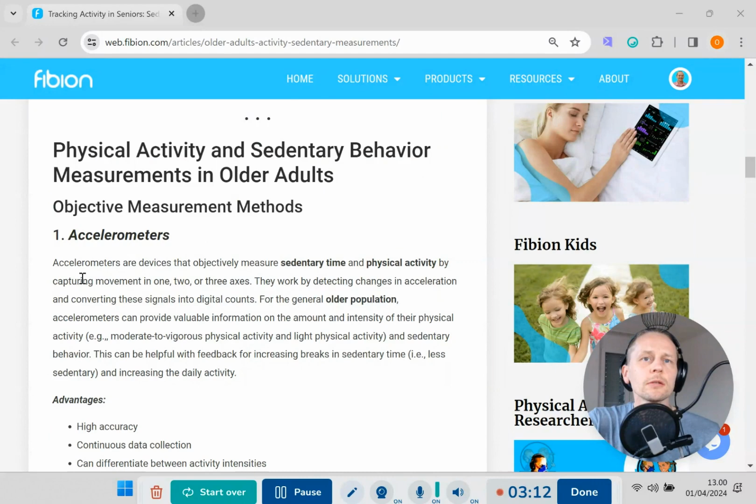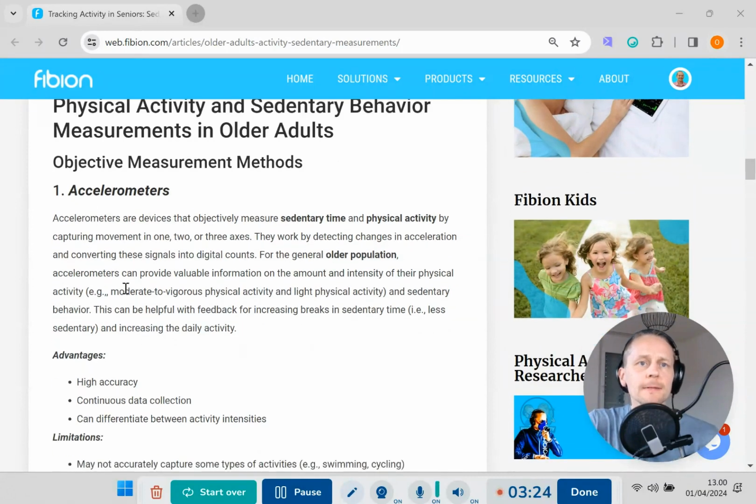If we look at the measurement methods, objective, or a better term, device-based measurement methods. First, accelerometers are devices that can measure sedentary time and physical activity well by capturing movement in 1, 2, or 3 axes. Nowadays you basically only have 3-axis accelerometers available, which is more accurate.